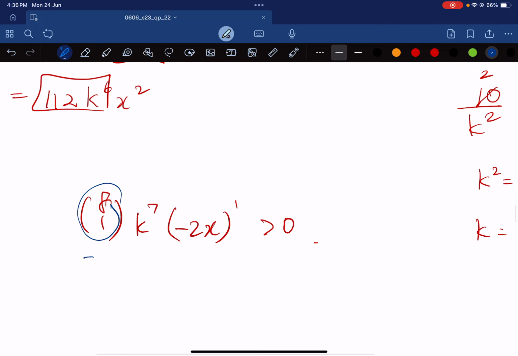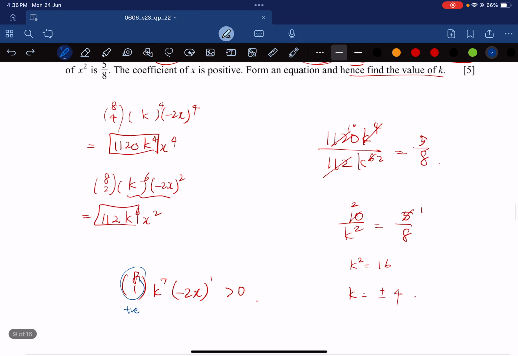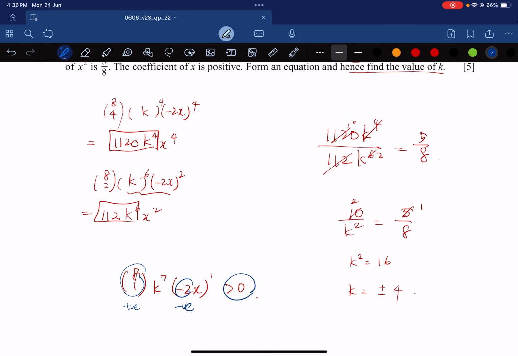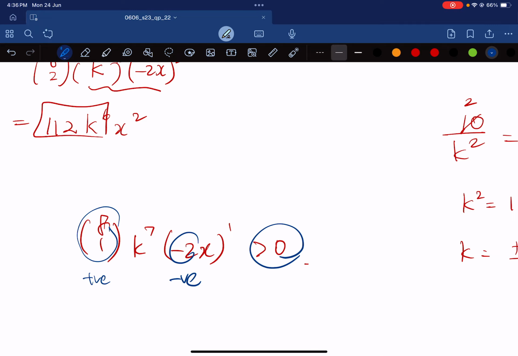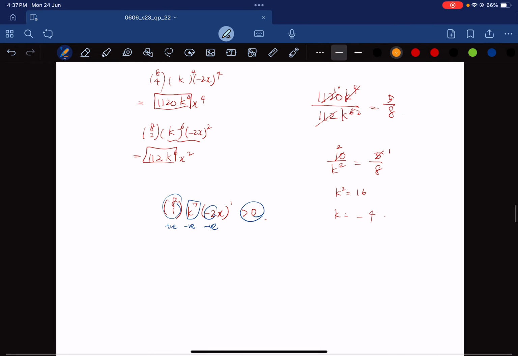So we know that this is positive, and then we know that the coefficient is negative. In order to get positive, my k to the power 7 needs to be negative. So my k needs to be negative. So we reject the positive solution.